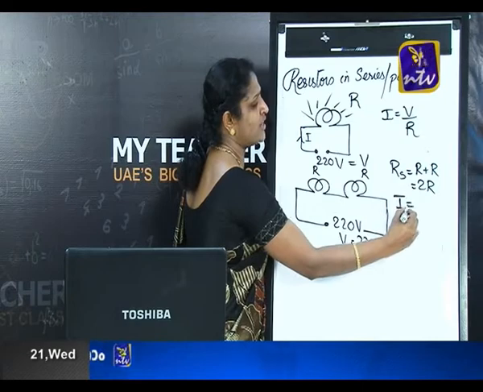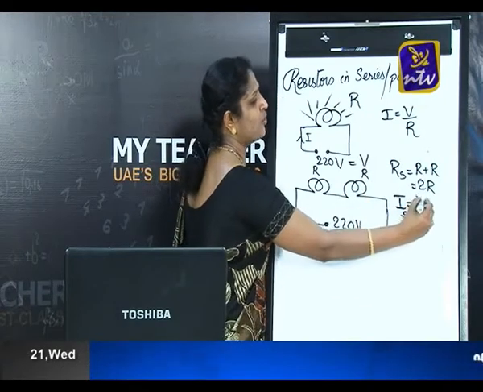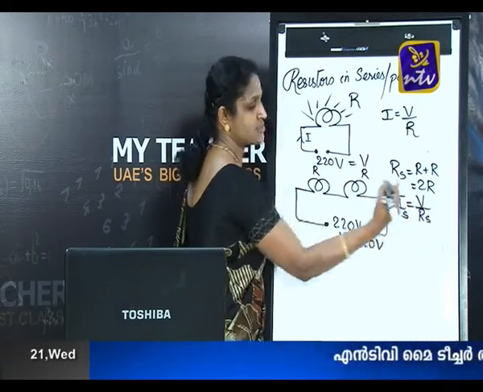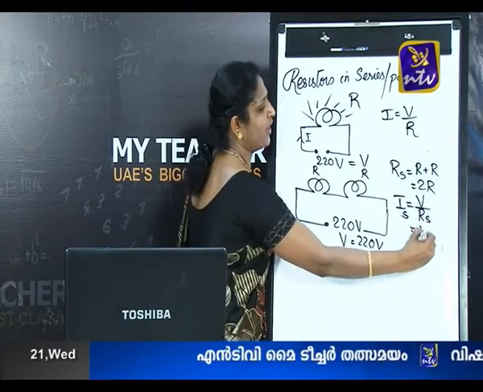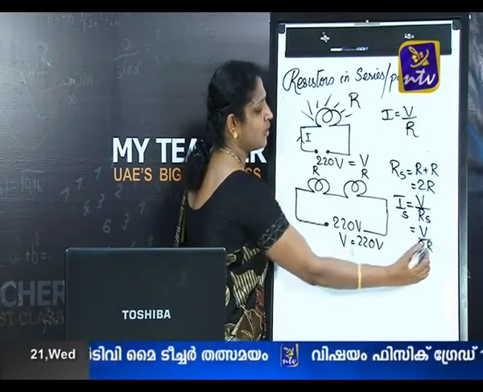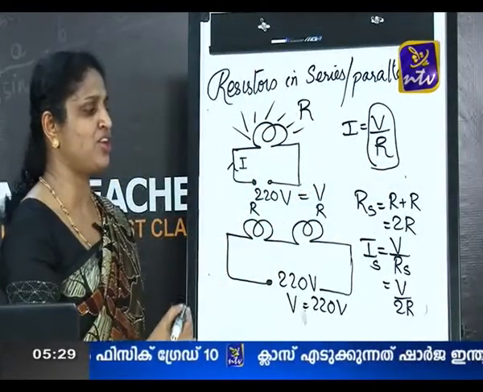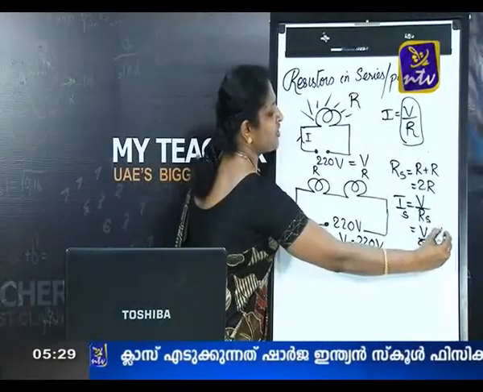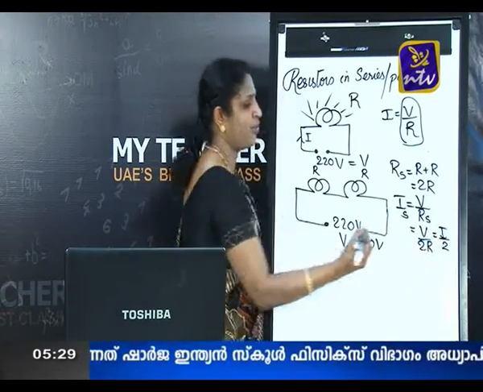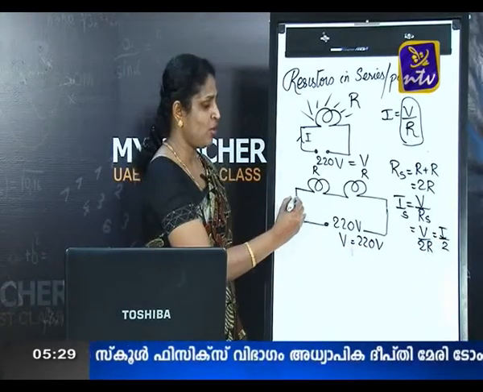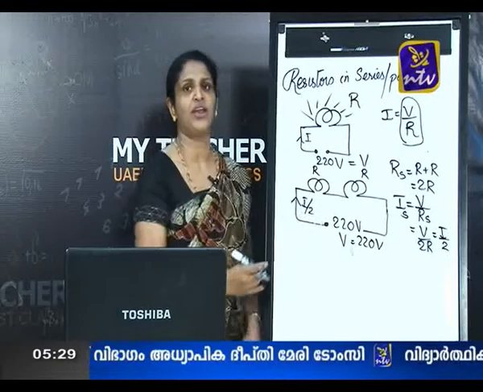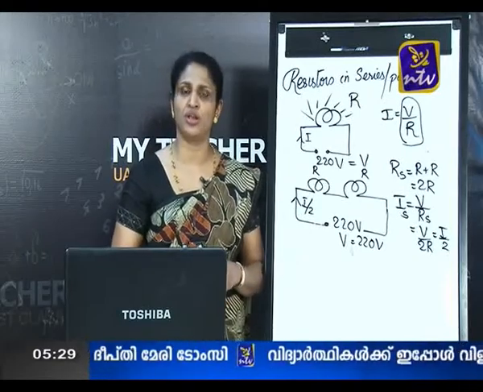The new current in series will be V divided by Rs, that is V divided by 2R. And that shows that in the first expression V by R is equal to I, and I in series has now become I divided by 2. That means only half of the current is flowing now through the circuit.